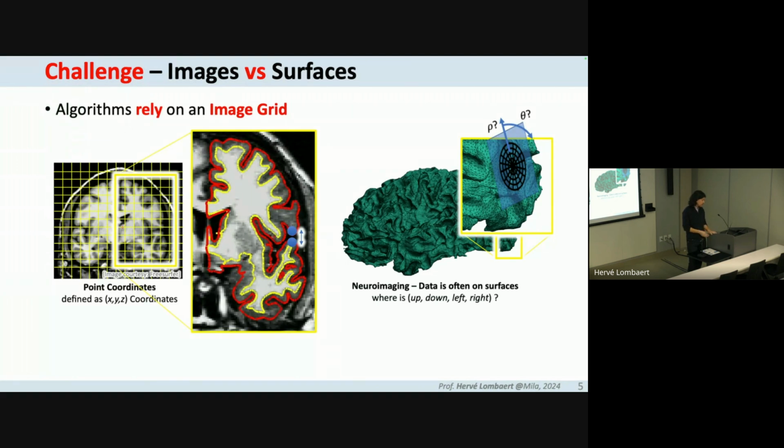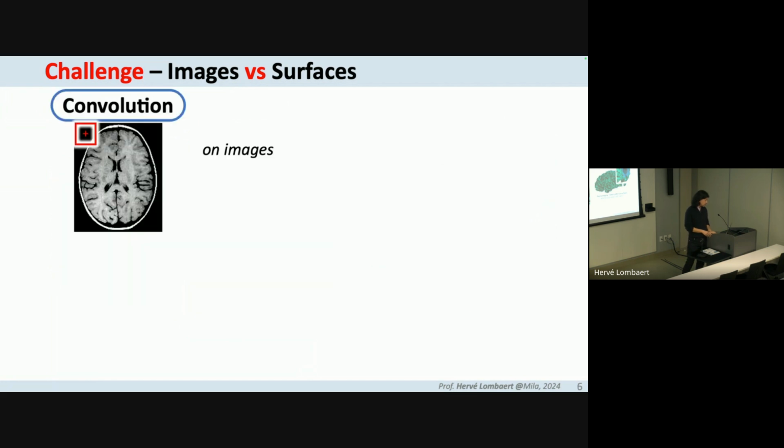But in fact, they could be very far apart on the surface because it's highly folded. So on the surface, those points can be highly, highly different. That means the regularization would create a lot of confusion. And that creates a lot of problems if you apply convolution-based approaches on images as is. If you ignore that you're dealing with a highly folded surface, this will be a bit problematic.